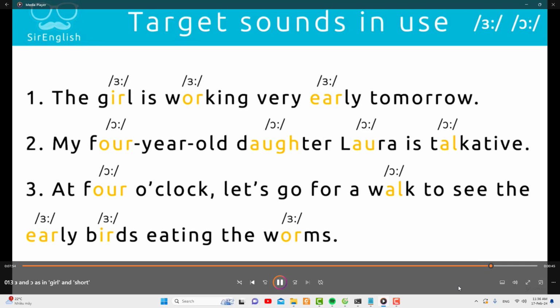The girl is working very early tomorrow. And sentence 2. My 4-year-old daughter Nora is talkative. And the third sentence is a mix of the two sounds. At 4 o'clock, let's go for a walk to see the early birds eating the worms.